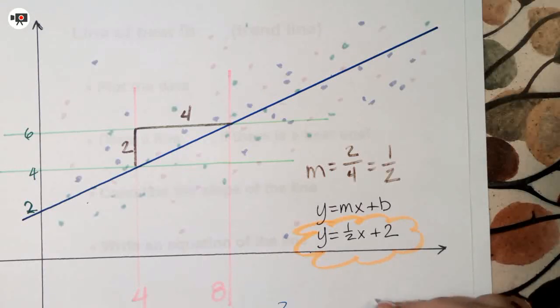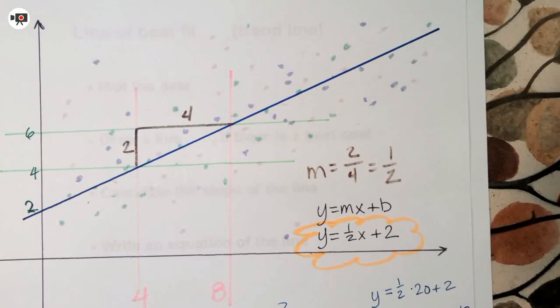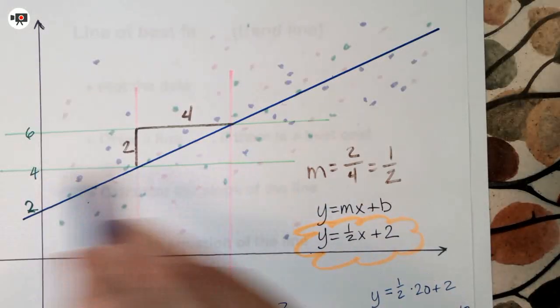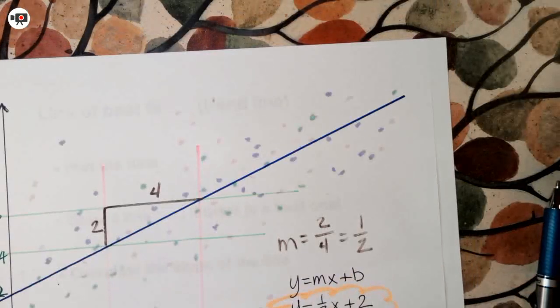Well, I can put it in here. y equals 1/2 times 20 plus 2, or y equals 10 plus 2, which is 12. So you could keep doing that. Any place that's on the line, you can just match up the y and the x to predict what it would be at that particular value.